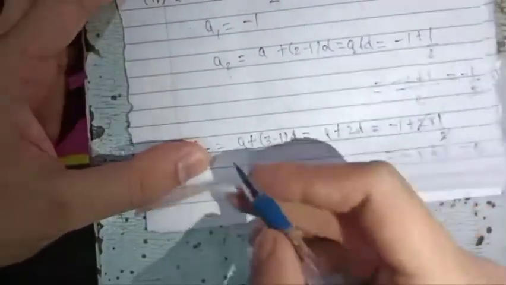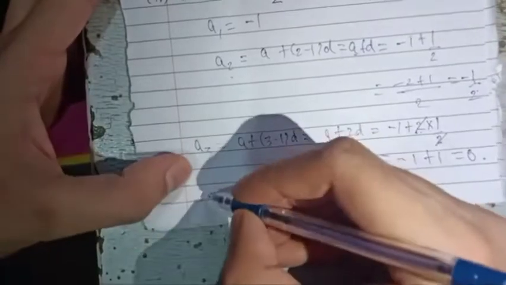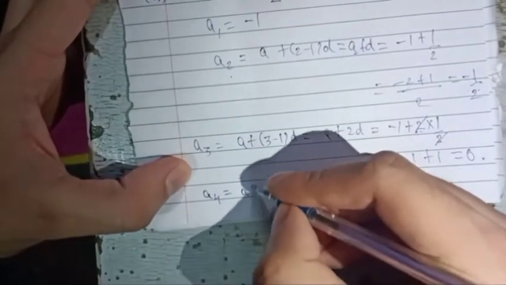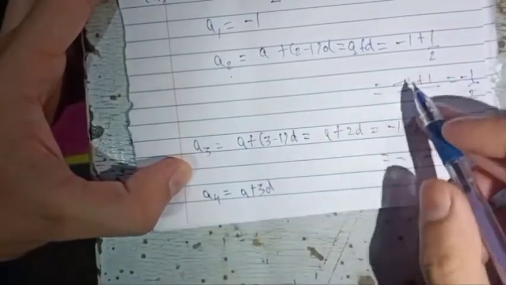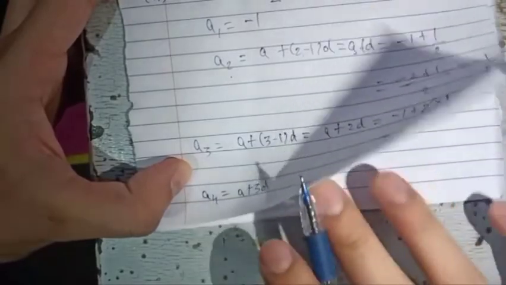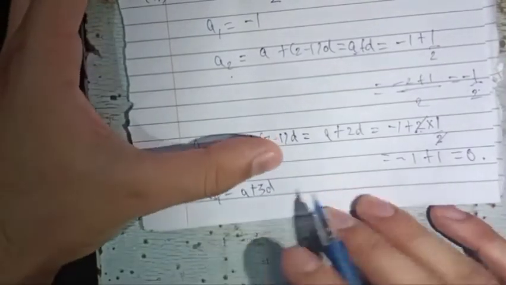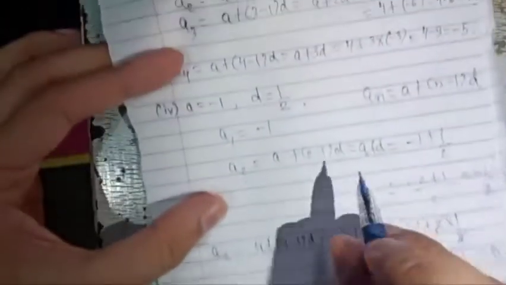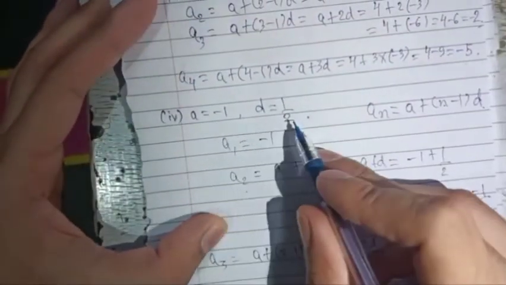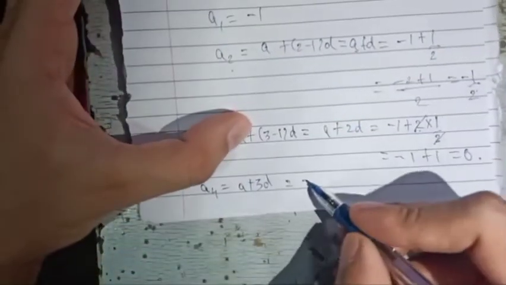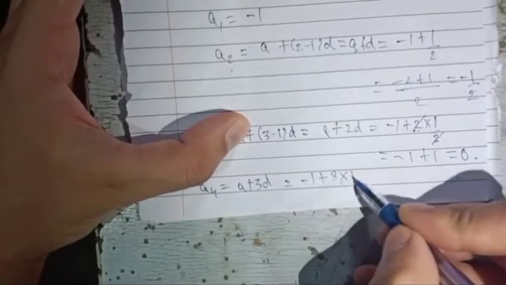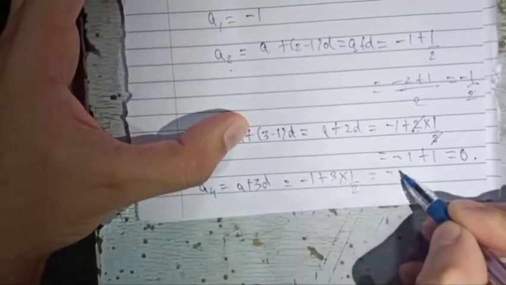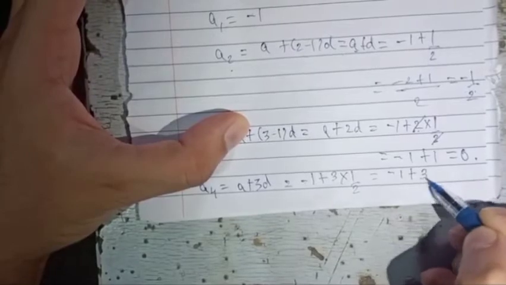Now the fourth term, a4. a4 will be equal to a plus 3d. Okay, a plus 4 minus 1 into d, that means a plus 3d only. Now we will put the value of a, that is minus 1, and d, that is 1 upon 2. So minus 1 plus 3 multiplied by 1 upon 2, it is equal to minus 1 plus 3 upon 2.